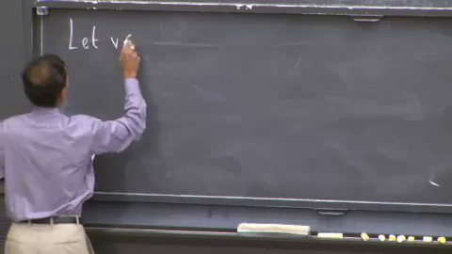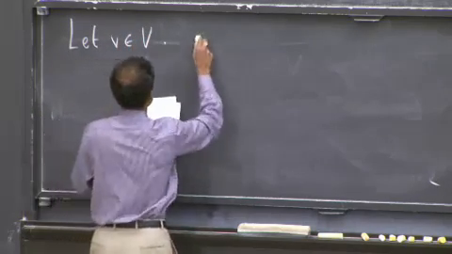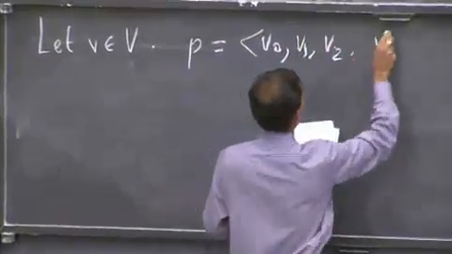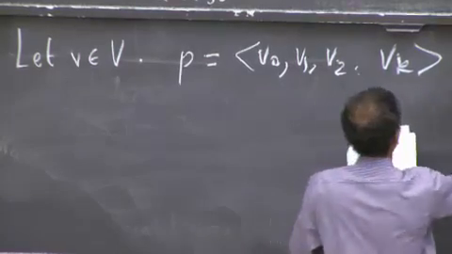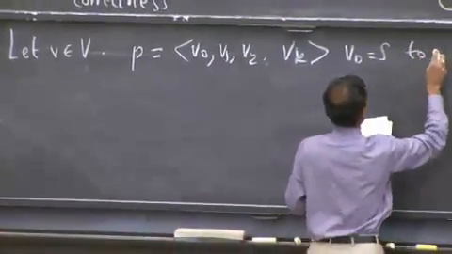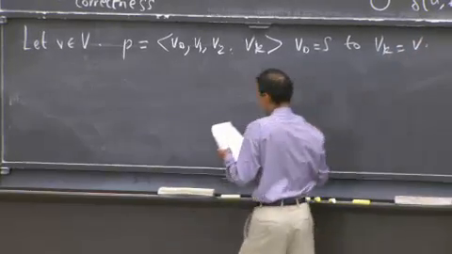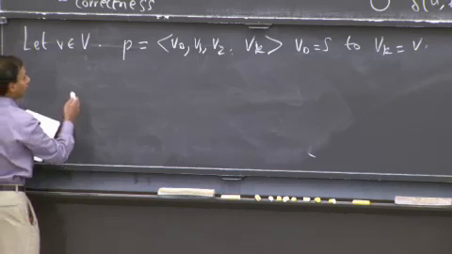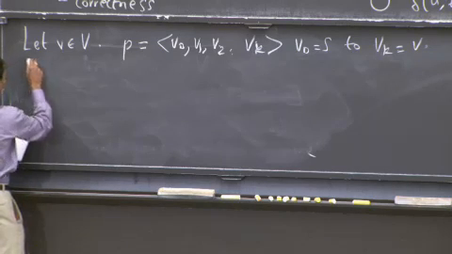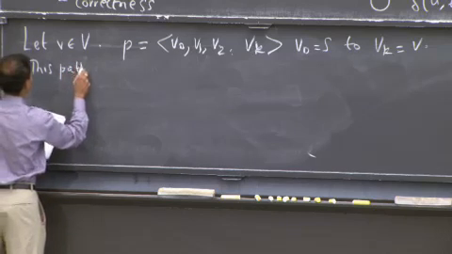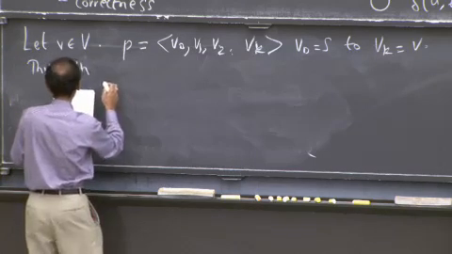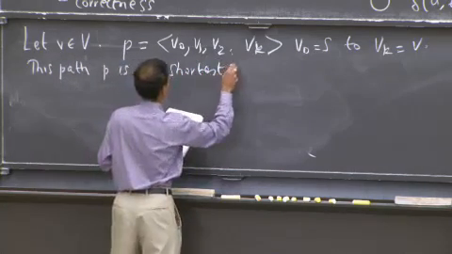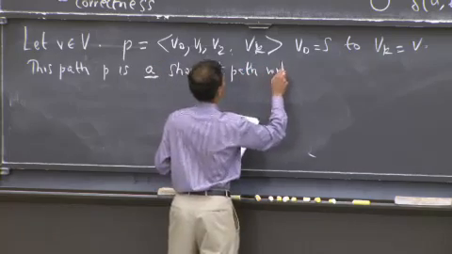So let V be any vertex, and let's say that we're looking at a path V0, V1, V2 to Vk, from V0 equals S to Vk equals V. In particular, I'm now going to say that this path P is a shortest path with the minimum number of edges.